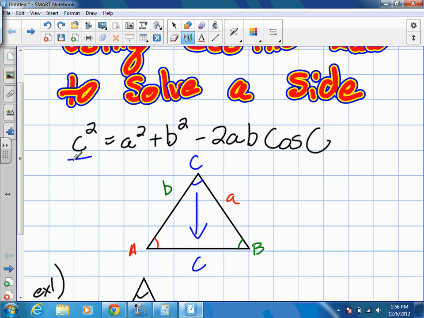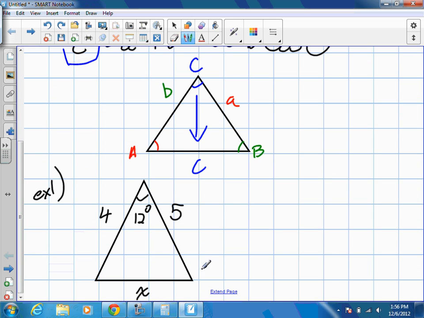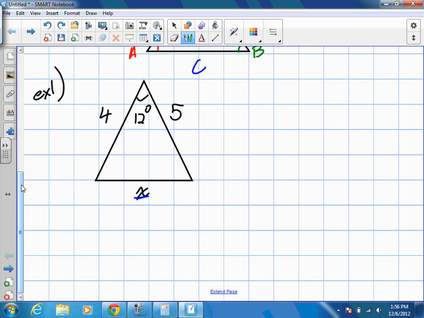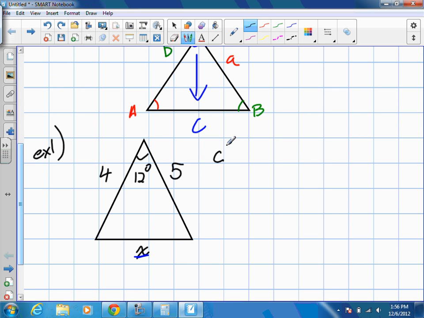So, assuming C is the only side that's missing, or we're going to solve for, we're going to rename the triangle. So we have a triangle down here. I haven't named it yet. Okay? This is my missing side. It's called X. In terms of the formula, and I'll rewrite it again, C squared is equal to A squared plus B squared minus 2AB times cos of angle C. Okay?